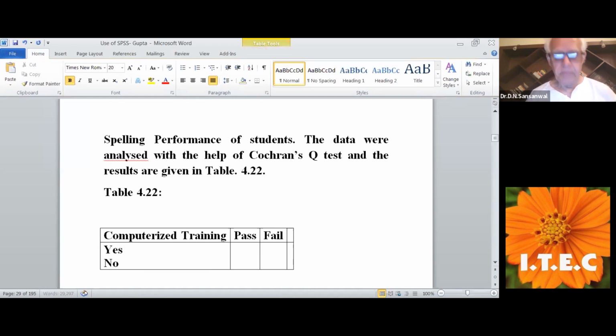This is performance. And this is your Cochran Q value.